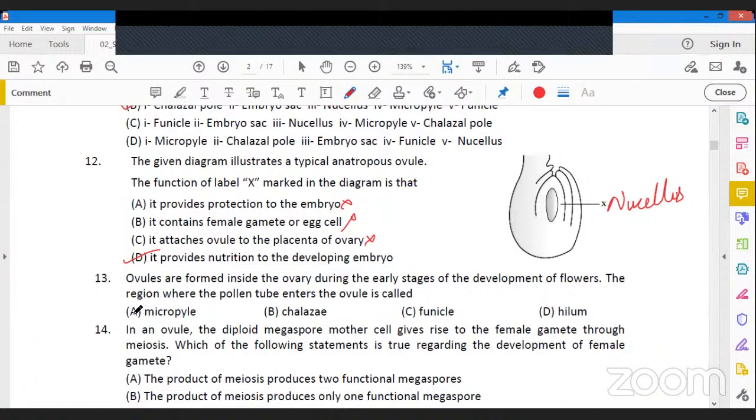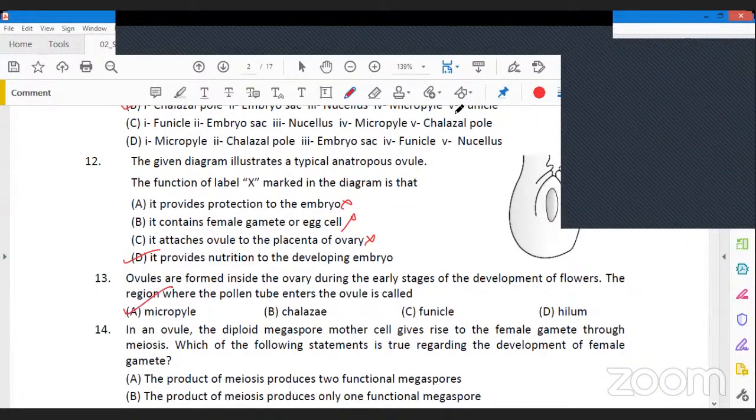Okay, so it is the micropyle. Yes, very good. It is the micropyle.